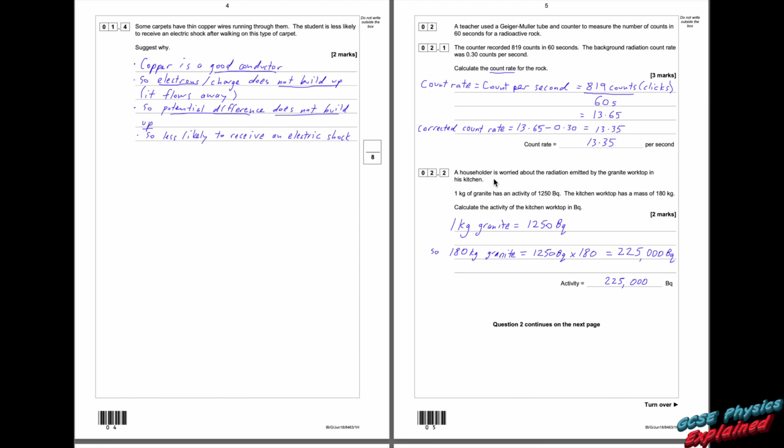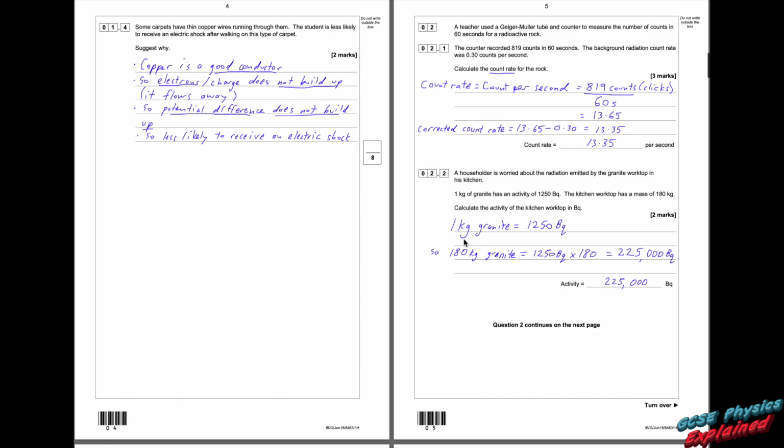Part 2. A householder is worried about the radiation emitted by the granite worktop in his kitchen. 1 kilogram of granite has an activity of 1,250 becquerels. That's how many clicks there are per second. The kitchen worktop has a mass of 180 kilograms. Calculate the activity of the kitchen worktop in becquerels.